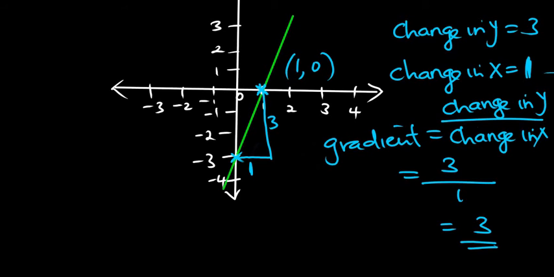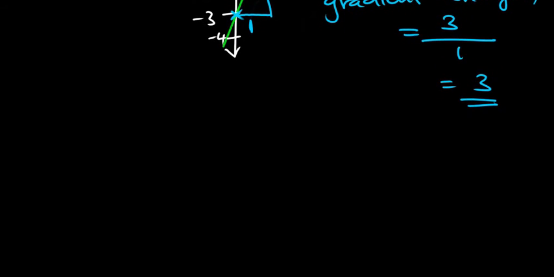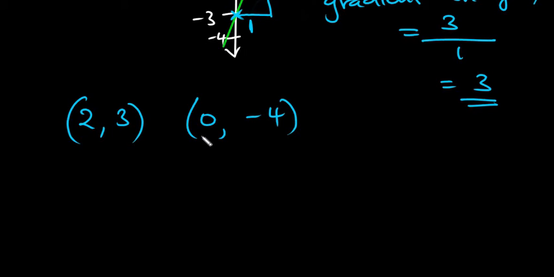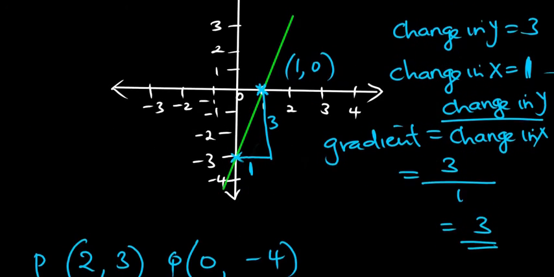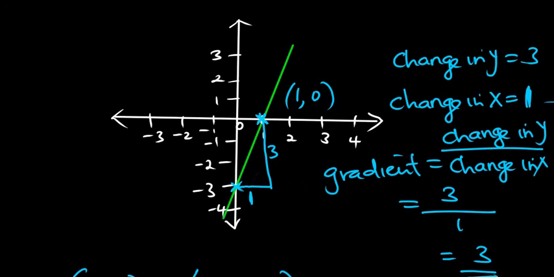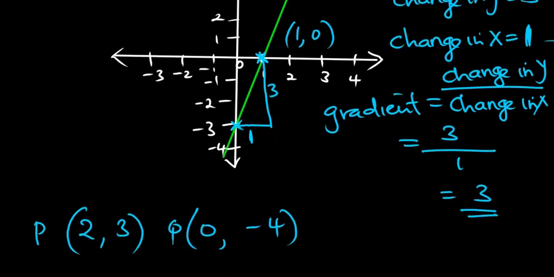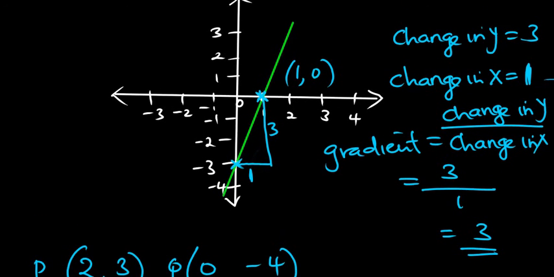Okay, so let's look at another example. Let's say we have a line that passes through the points (2, 3) and (0, -4). We can call this point P and the other point Q. If we try to map this line on our plane here, one point is (2, 3), so x is 2 and y is 3, maybe we can have that point here.